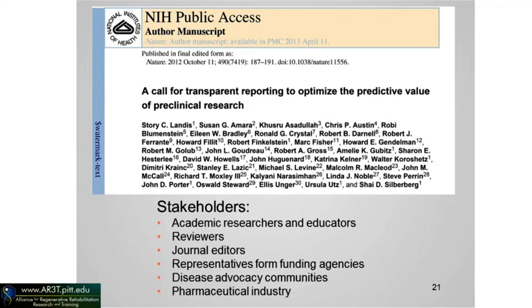So it brought together stakeholders, those involved in publication of your papers, those involved in funding your grants, etc., the pharmaceutical industry, because they thought that there's a lack of transparency in how publications are currently produced. And the preclinical research is not predictive of what happens in the clinical arena, which is obviously a problem. It's a problem for us all.